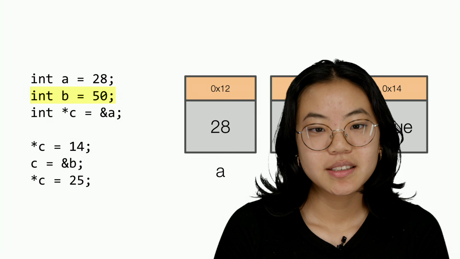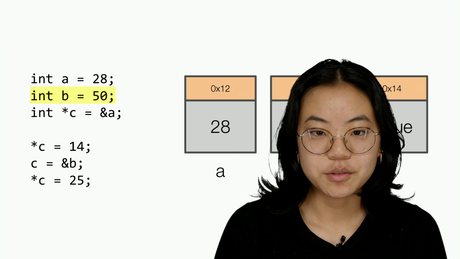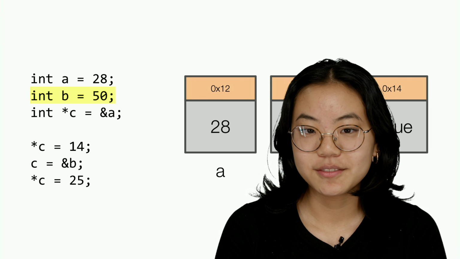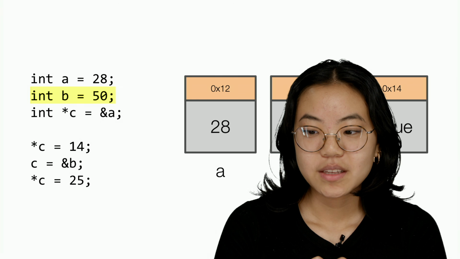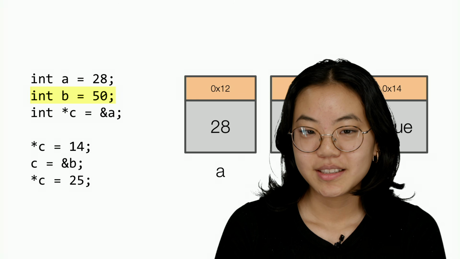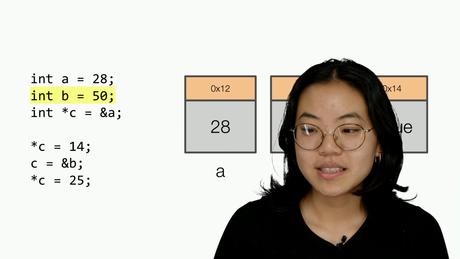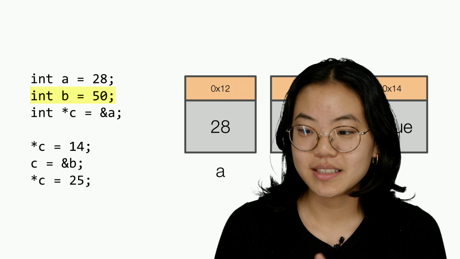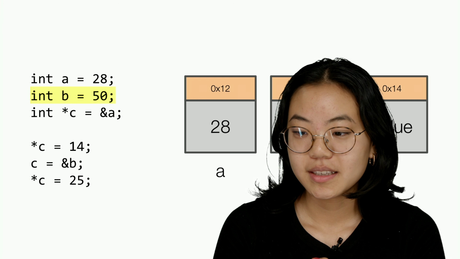We have int star C equals ampersand A. So maybe first I'll ask, what type is C? What's the variable type that C is going to be?